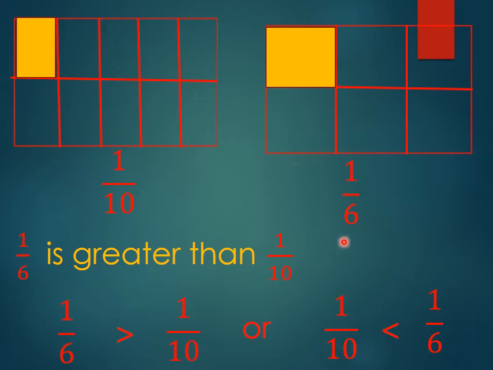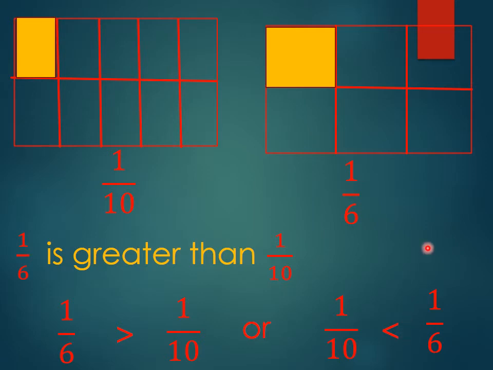Therefore, without doing any calculations, we can see 1 over 6 is greater than 1 over 10. We can write it using the symbols: 1 over 6 is greater than 1 over 10, or 1 over 10 is less than 1 over 6.